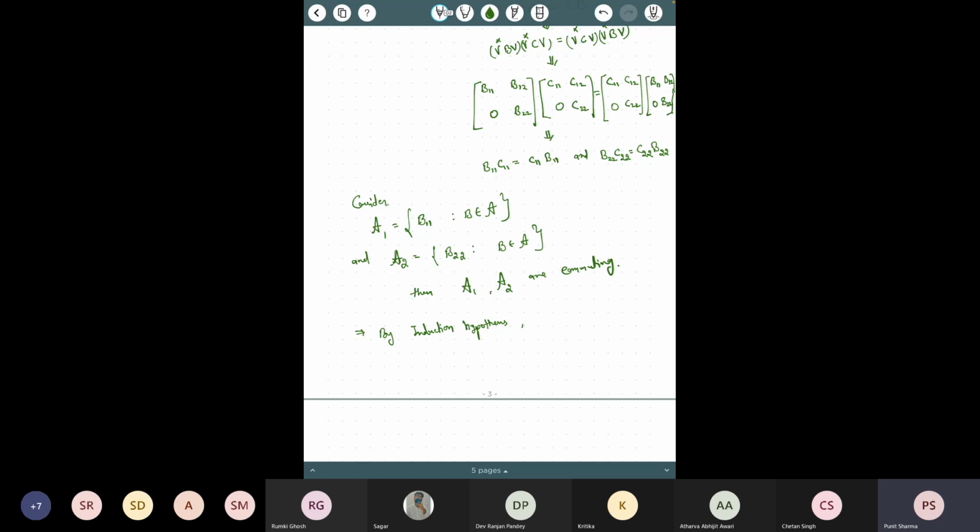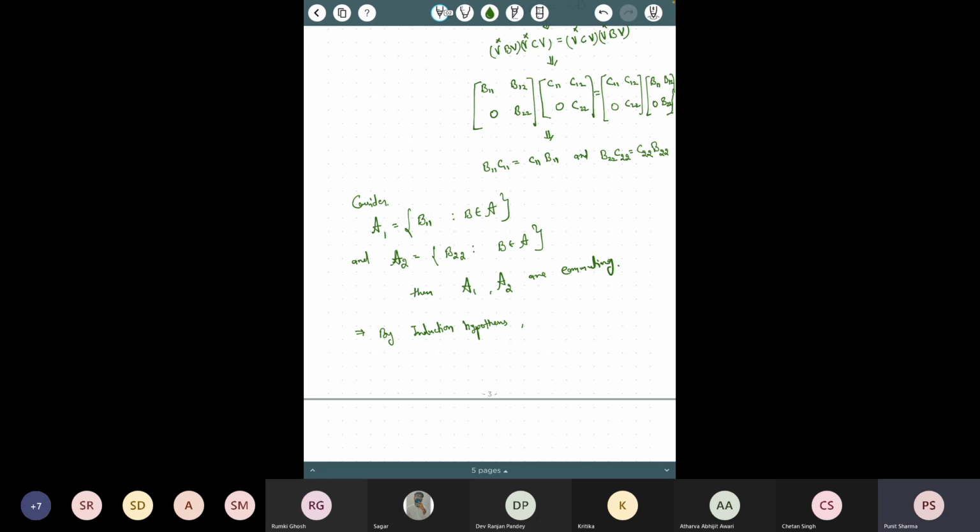You can ask this question, why this family, their size is less than n. Okay, think about it. I'll leave this question. So I'm saying here that they form a smaller size family of matrices.